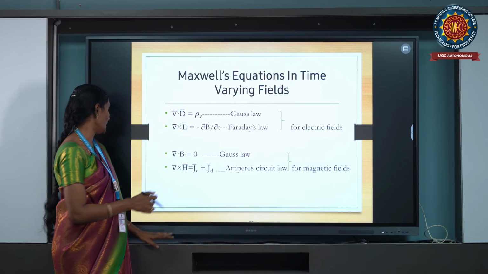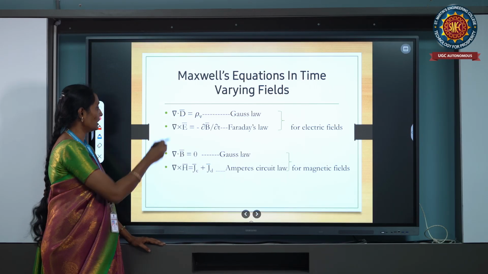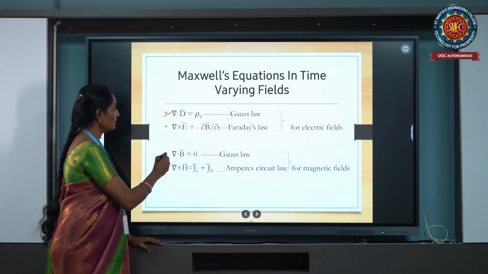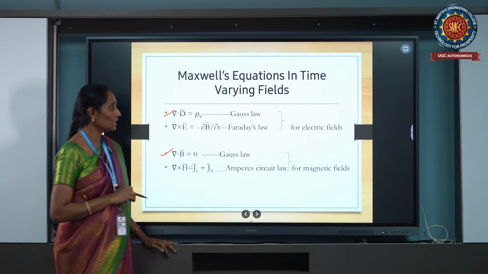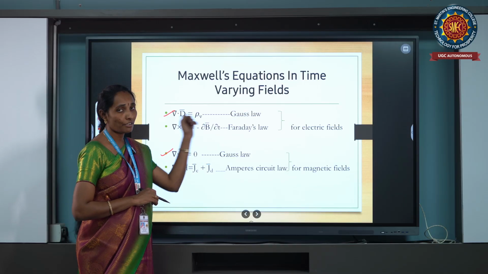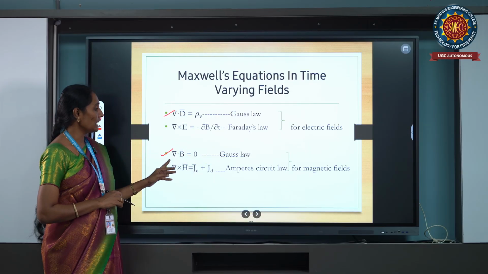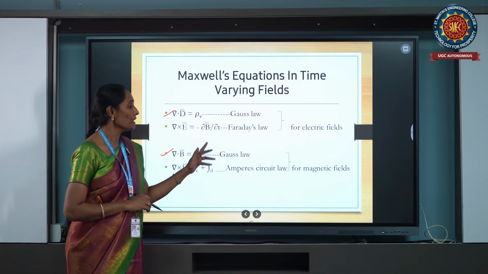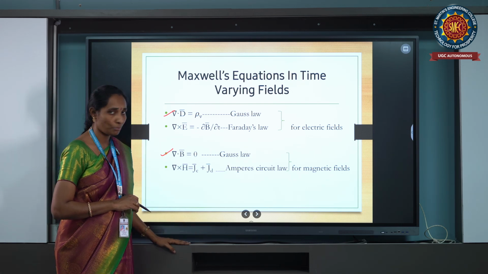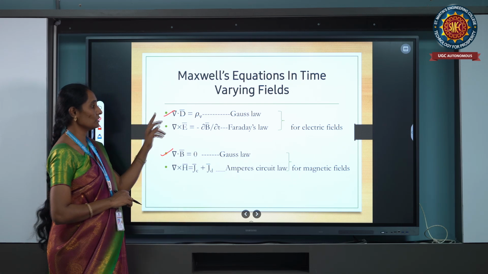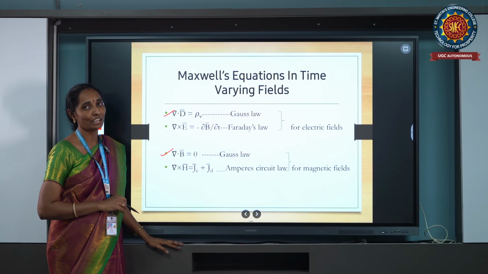The first and third Maxwell equations do not change, that is del dot D bar is equal to rho v, derived from Gauss law in the electrical field, and del dot B bar is equal to 0, the Gauss law for the magnetic field, the non-existence of a single pole. These two equations do not change between static and time varying conditions.